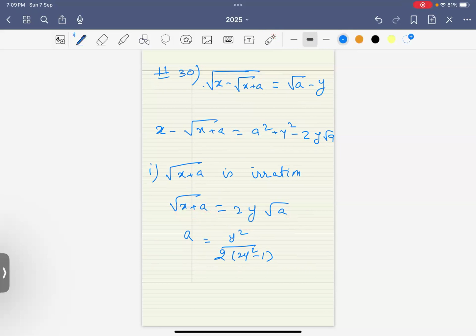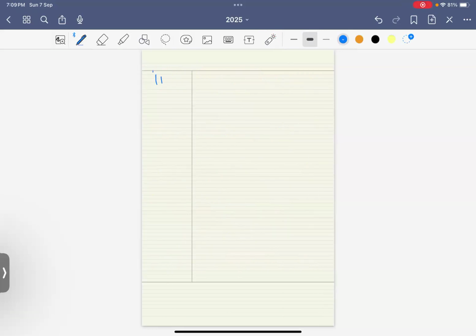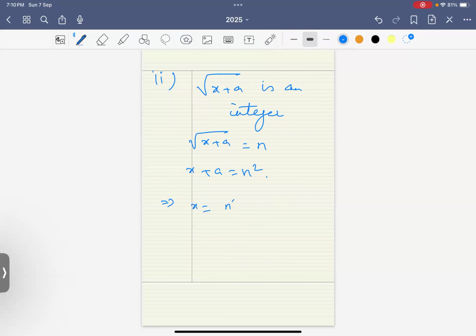So the other case is when this is an integer. When this is an integer, all you have to do is take root x plus a as n, and that gives you that x plus a is equal to n square. So x will come out to be of the form n square minus n. And x plus a is equal to n square.